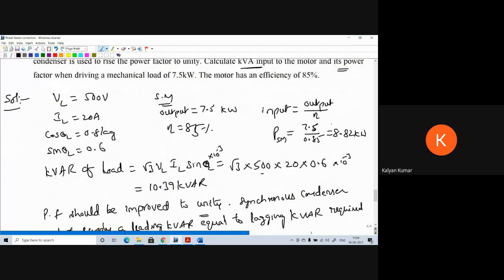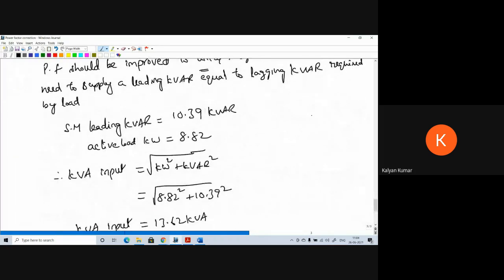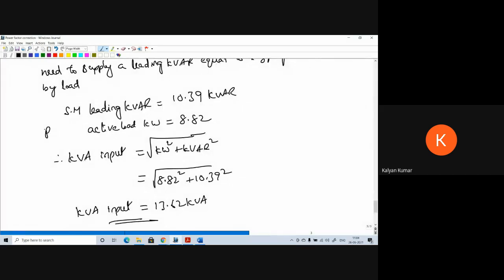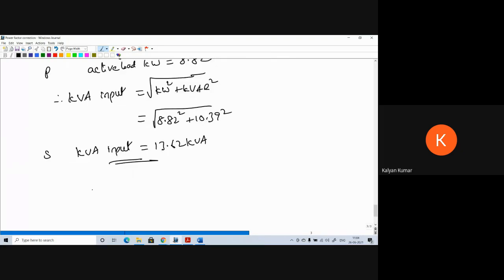We know the value of active power. We know P, Q and S. What is the power factor formula? Cos theta of the synchronous motor is P by S, that is kilowatt by kVA of the synchronous motor. P is 8.82 divided by 13.62.